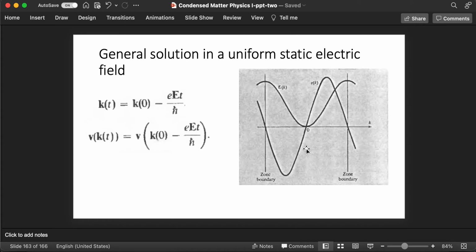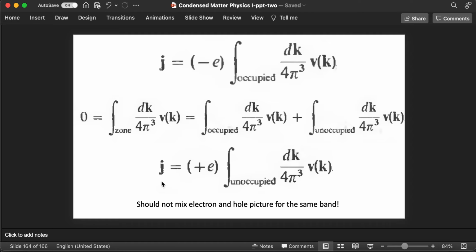This is because when you are away from the zone boundary, in the center, the electric field is able to effectively impart momentum to the electrons. But as the electron heads close to the zone boundary, the electron imparts more momentum to the periodic potential, and because of that it decelerates. There's a loss of momentum, and because of that the velocity drops down.